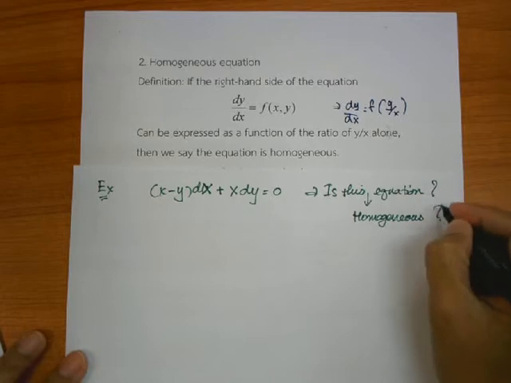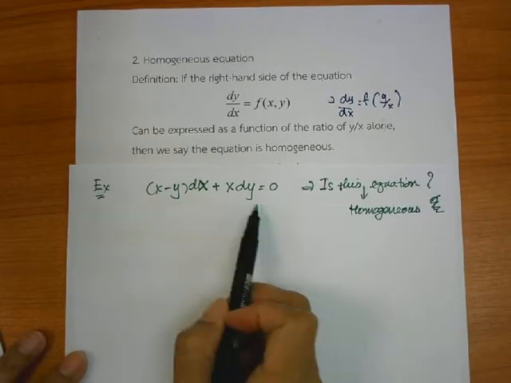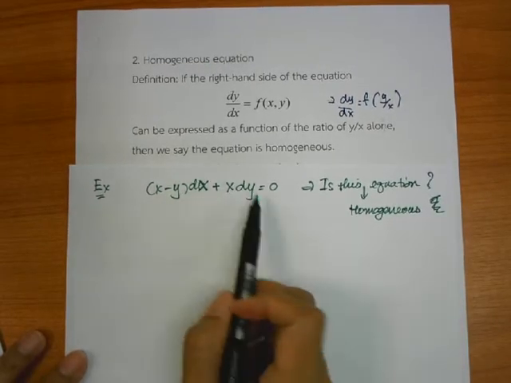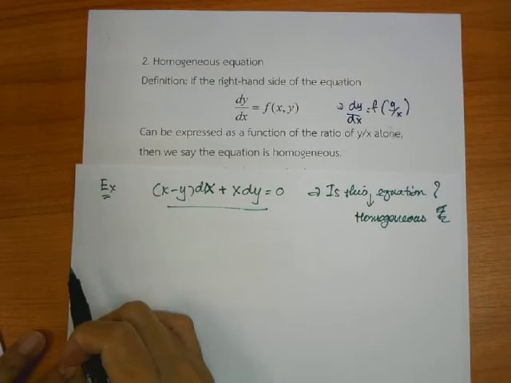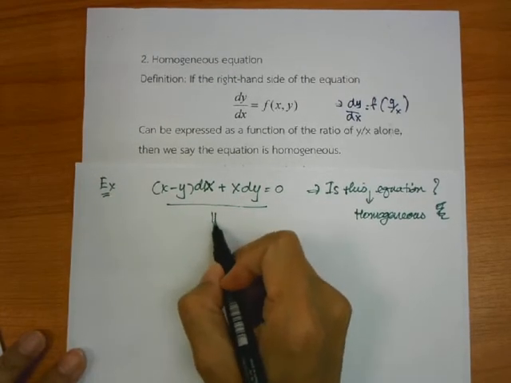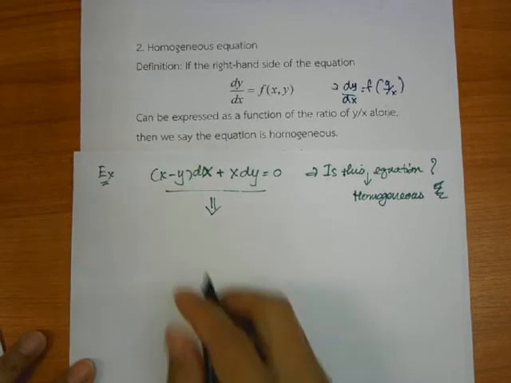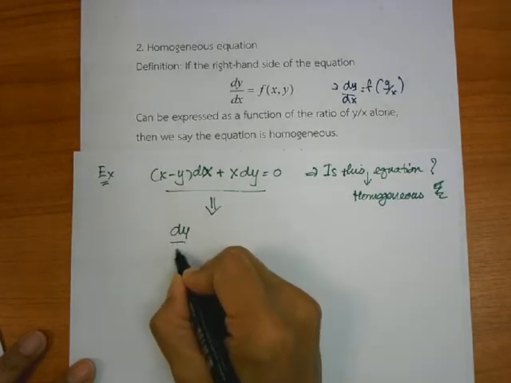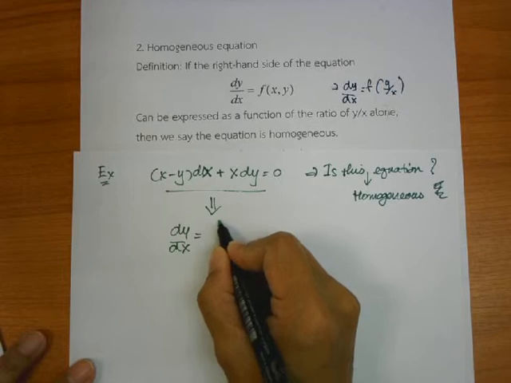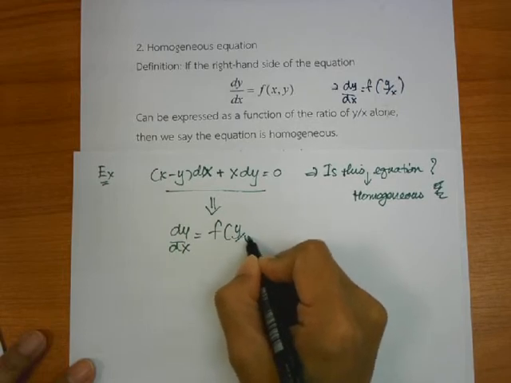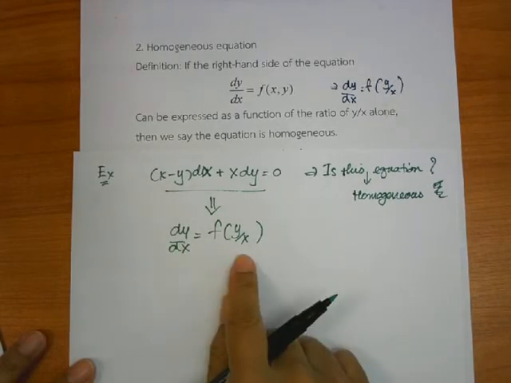To define whether this equation is a homogeneous equation or not, we have to write down dy by dx. If it is a function of y over x, then we call it a homogeneous equation, right?